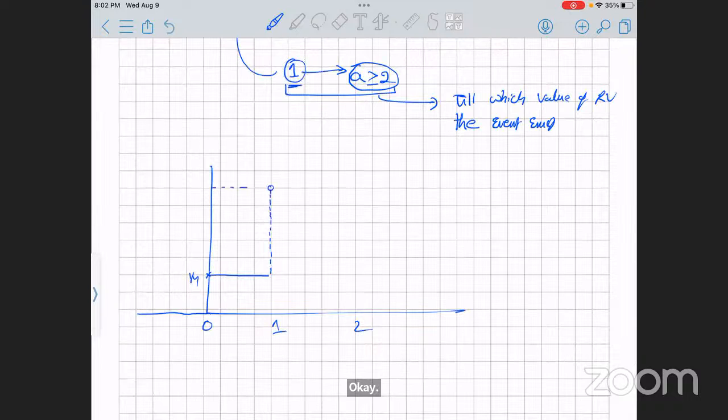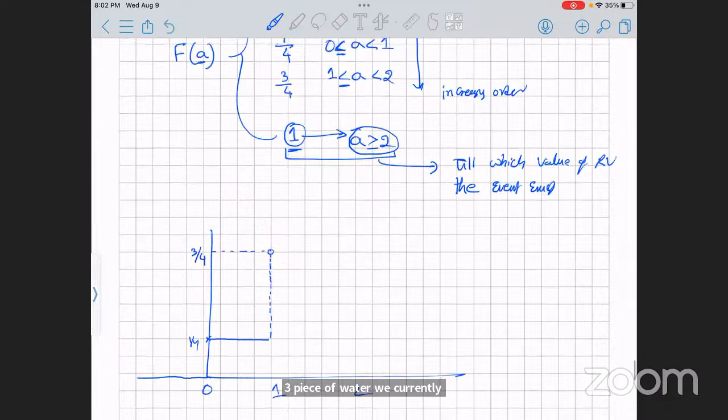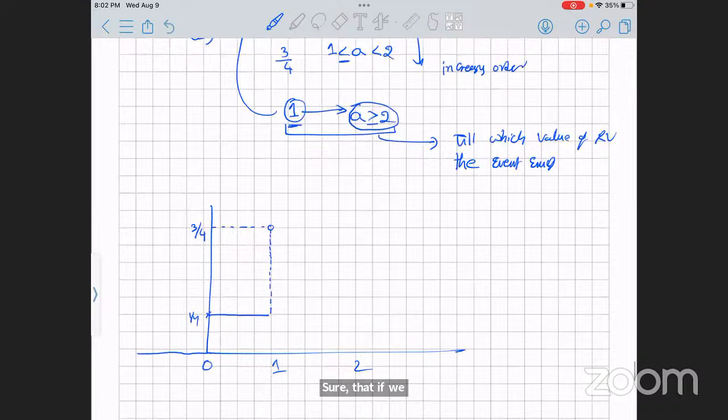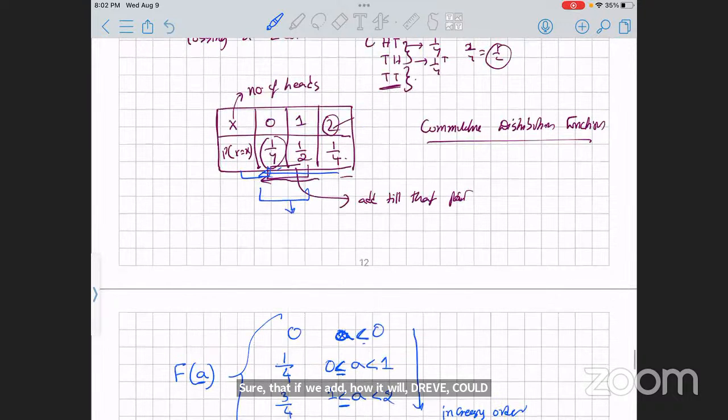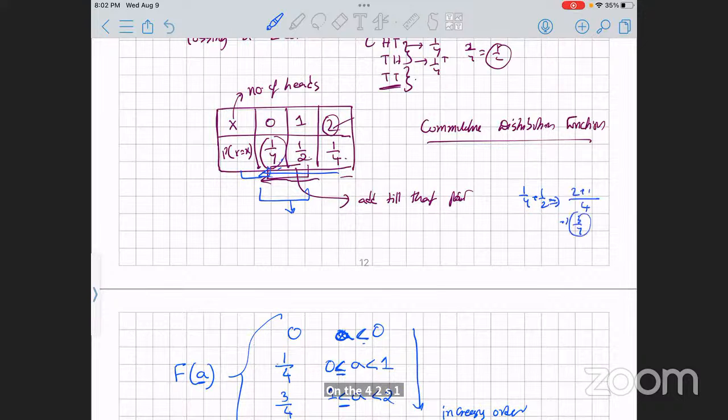Sir, how will it be 3 by 4? Look, 1 by 4 plus 1 by 2, what is the value? In terms of 4, it will be 1 plus 2, which is 3 by 4.